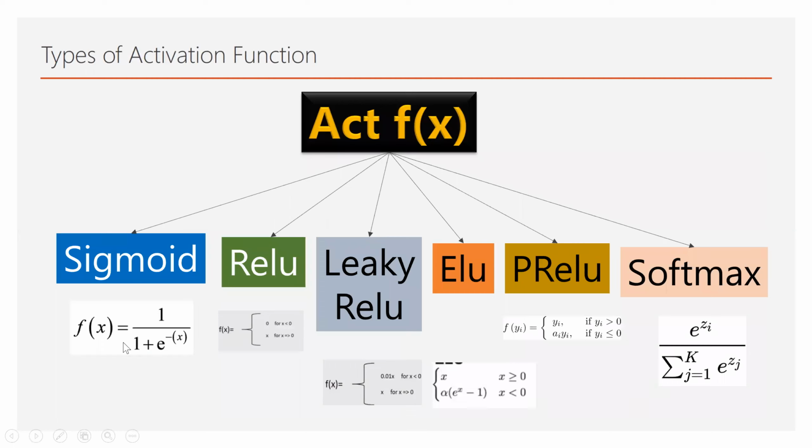We already saw the sigmoid explanation in logistic regression. We'll be seeing the entire explanation for each of these activation functions. For sigmoid there will be one video, for ReLU there will be another video, all the activation functions will be individual videos.